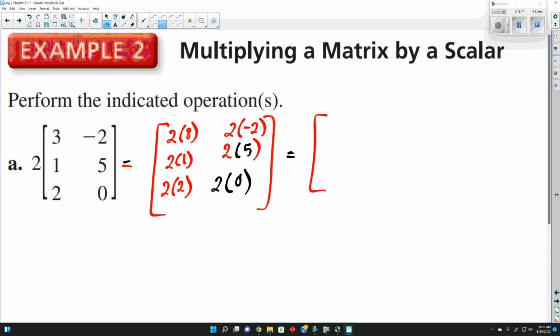Well, 2 times 3 is 6. 2 times negative 2 is negative 4. 2 times 1 is 2, 2 times 5 is 10, 2 times 2 is 4, and 2 times 0 is 0. Well, that's your answer.